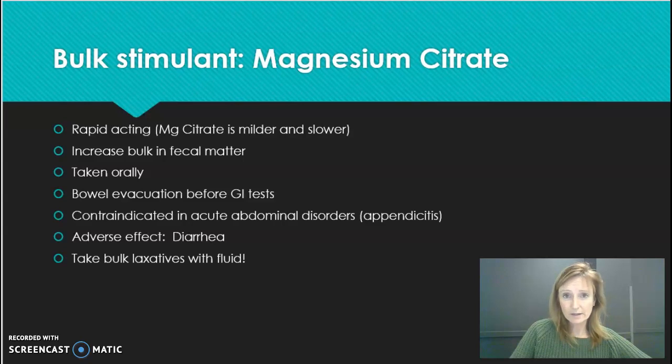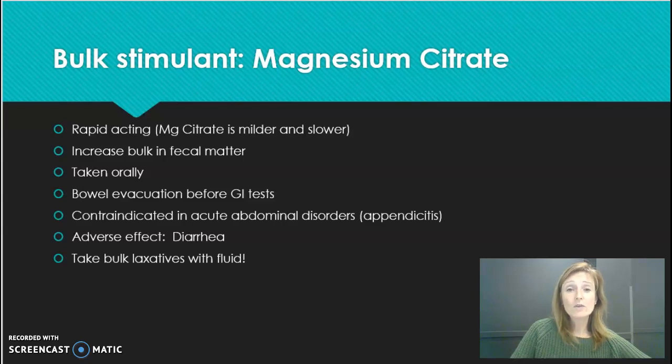We would not want to give the patient this because that can further exacerbate the inflammation and problems depending on where the problem is in the acute abdomen. So be careful. You want to assess your patient before giving this to see why they are having stomach pain. Don't just assume that it's constipation, although constipation, we know, is one of the number one reasons why people go to the emergency department with stomach pain. But you have to be very careful.